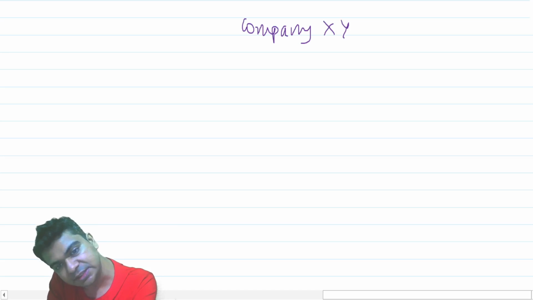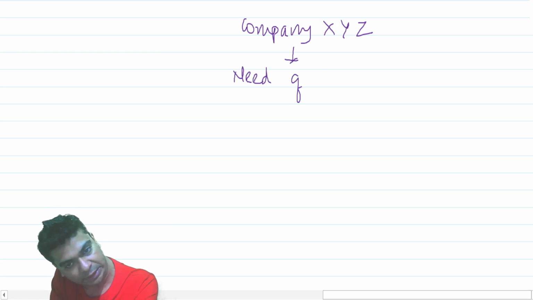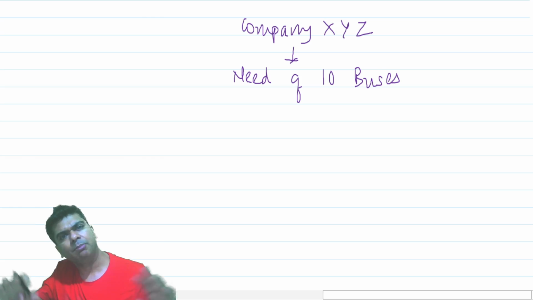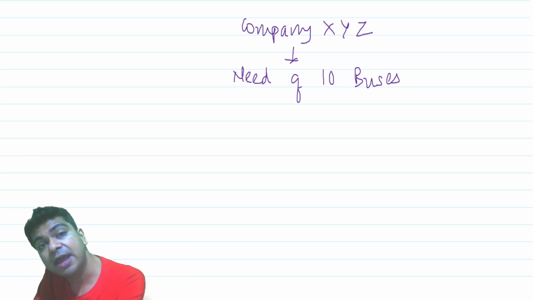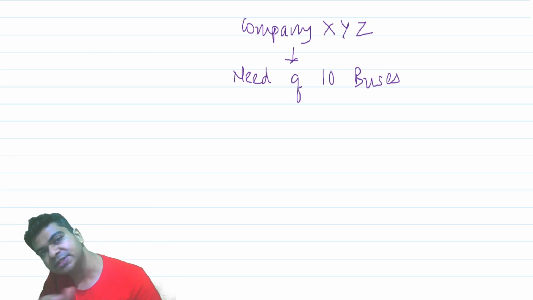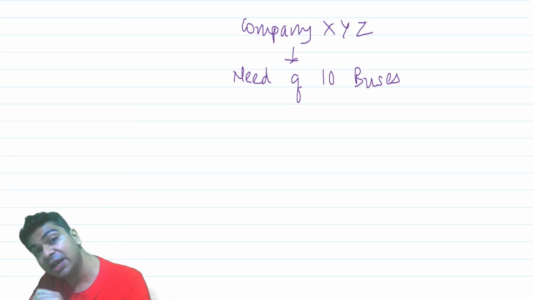Let us think for a moment that there is a company XYZ. It is in need of 10 buses, let's say. It's a big company, and there are a lot of employees who are living in different parts of the city. The company now intends to provide a bus service to its employees.